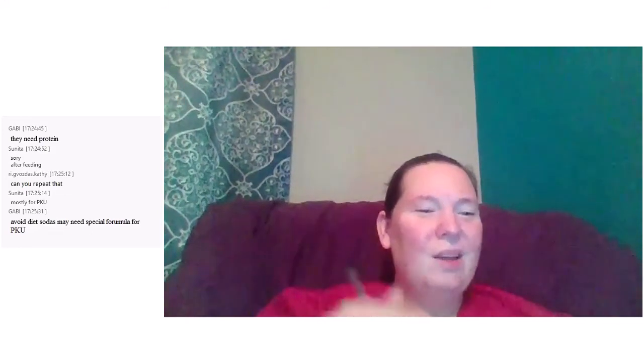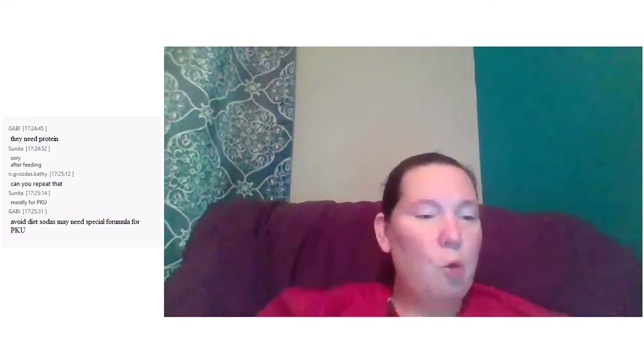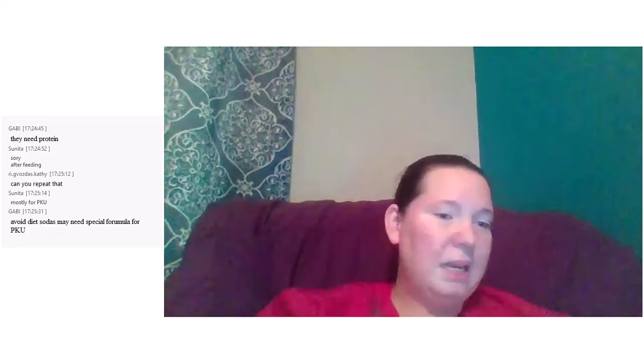Yes, very good. So with PKU, phenylketonuria, you need a low-protein diet and no artificial sweeteners, because phenylalanine is what is in diet soda. There is a special formula called Lofenalac, the name of the formula that babies with PKU need.